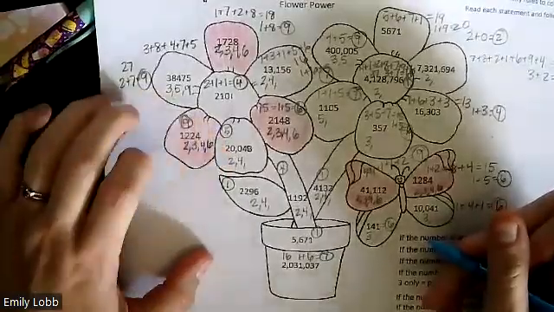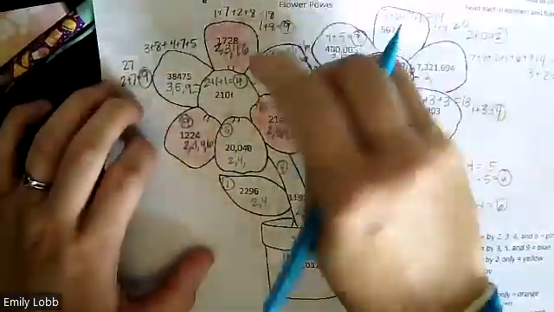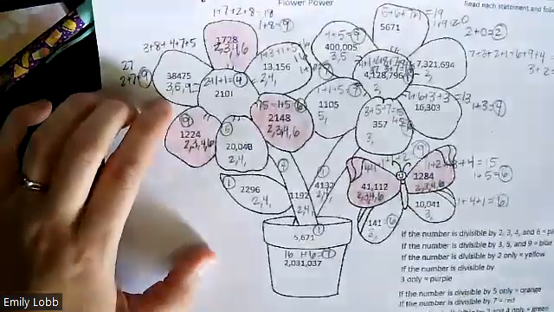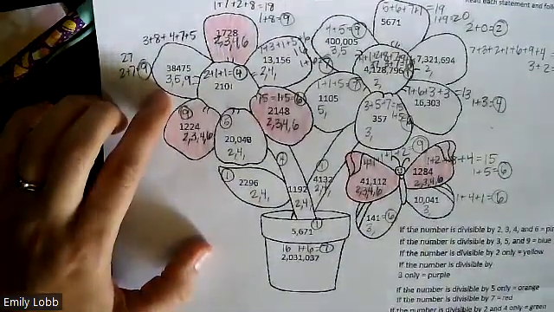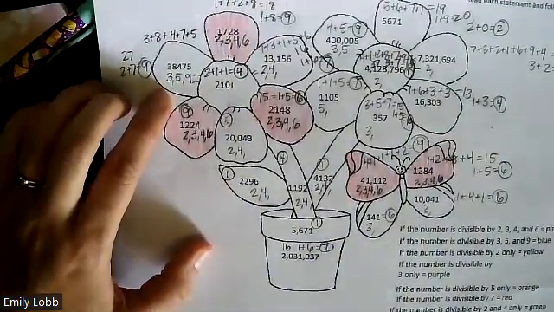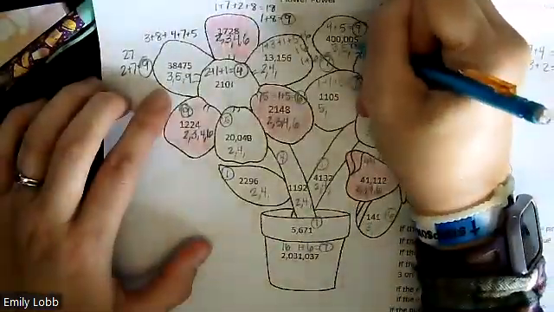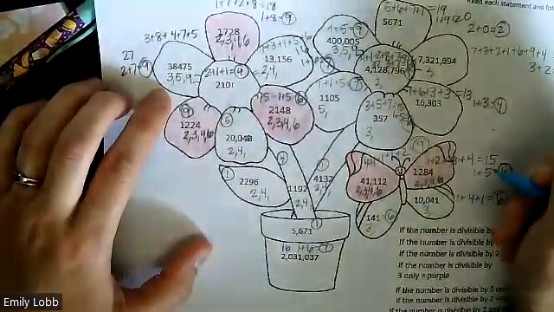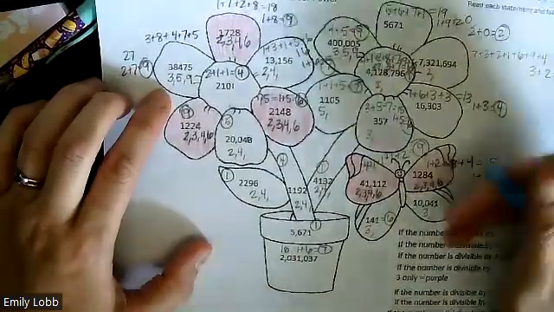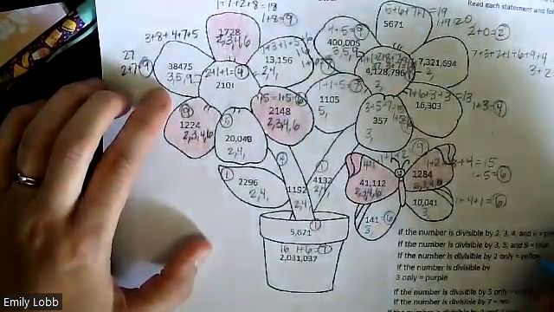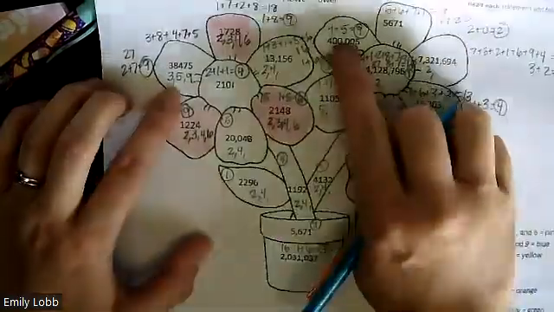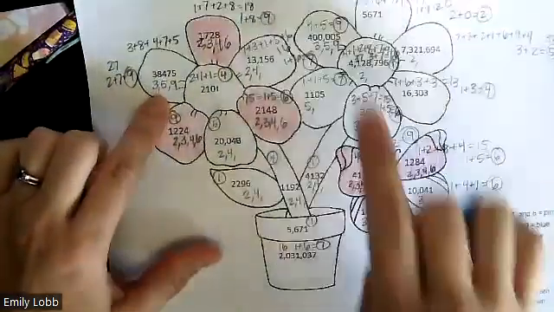This one added to 5. This one up here was also a 9. This one here was a 9. This one here was also a 9. Anywhere else? Just these two?